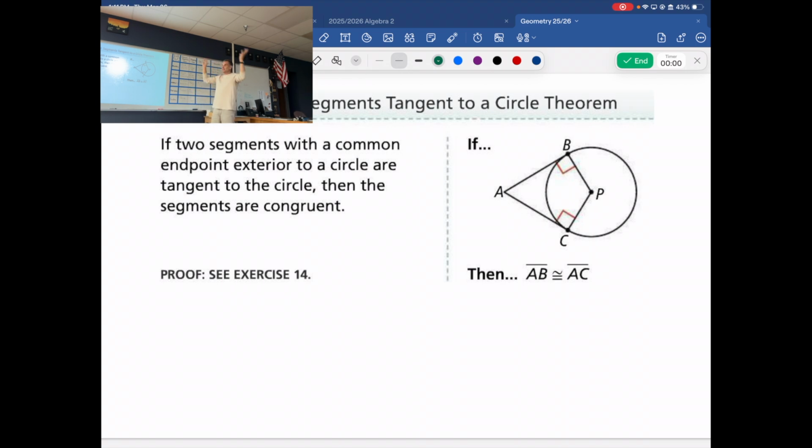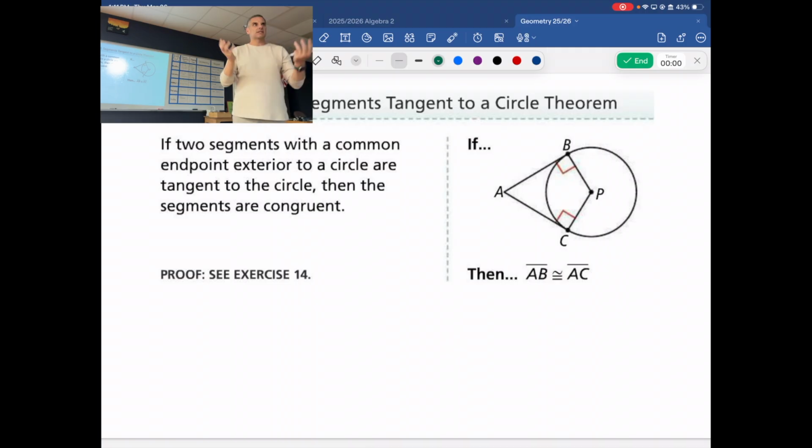So mathematically what it says, and we got to talk theorems, it says if 2 segments with a common endpoint exterior to the circle are tangent to the circle, then the segments are congruent. You know exactly what that means, right? It's a problem with theorems. Theorems are confusing when you read them verbally.